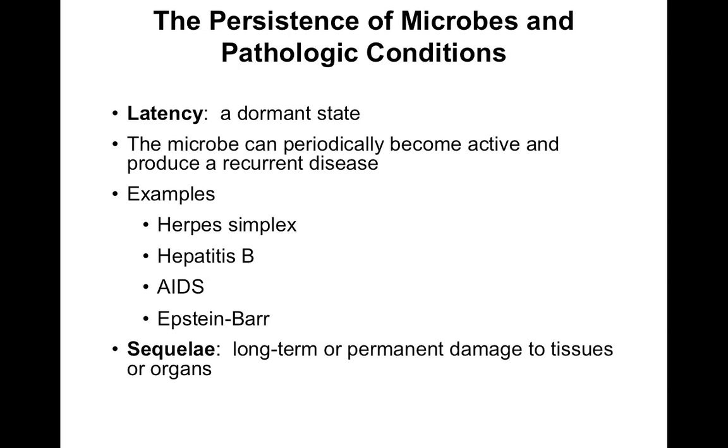Instead, you're just kind of hanging out, low numbers, waiting for a good opportunity to arise for you to kind of wake up and take over the body again. A lot of viruses are very good at this, so herpes simplex 1 and 2, hepatitis B, AIDS or HIV is very good at this, and Epstein-Barr.